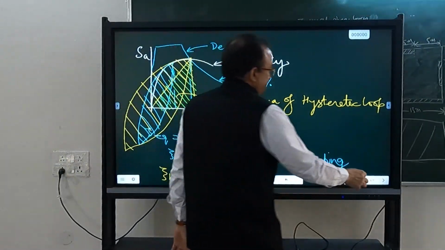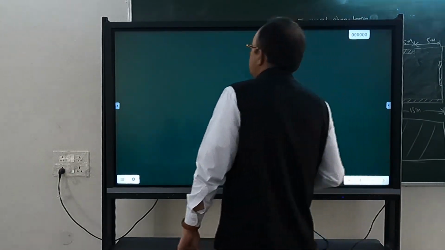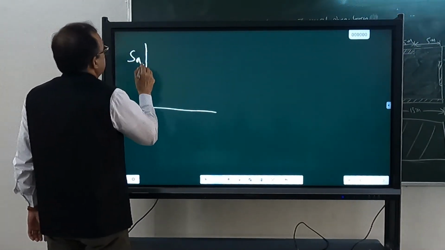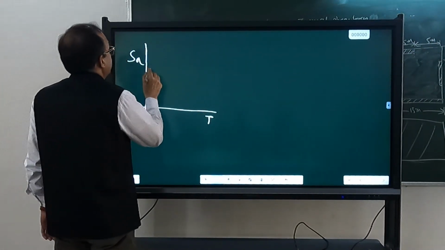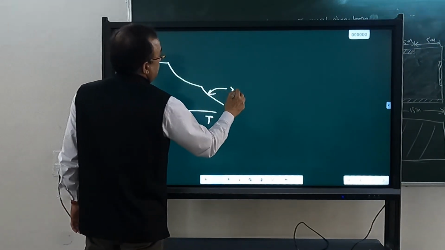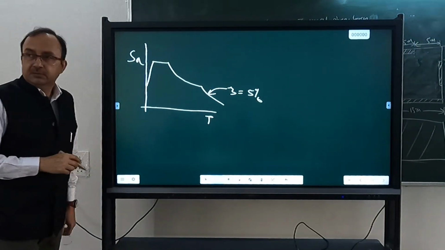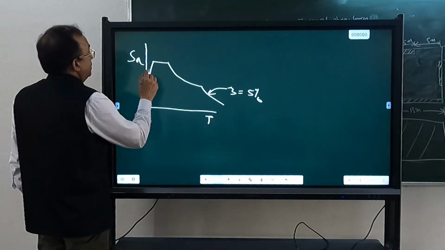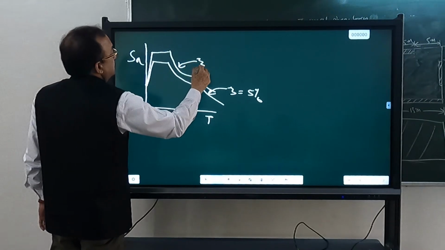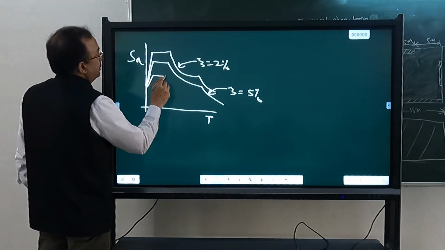So you know the response spectra you have plotted. Suppose this response spectrum is for 5% damping. What happens at 2% damping? It increases. What happens at 10% damping? It reduces.